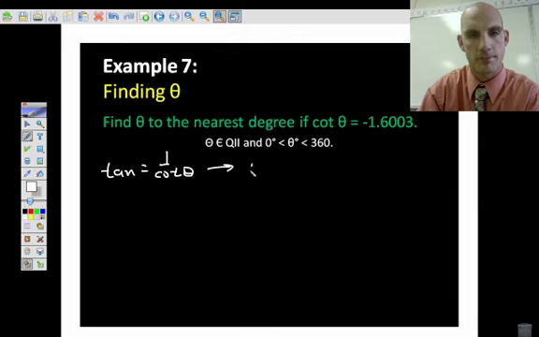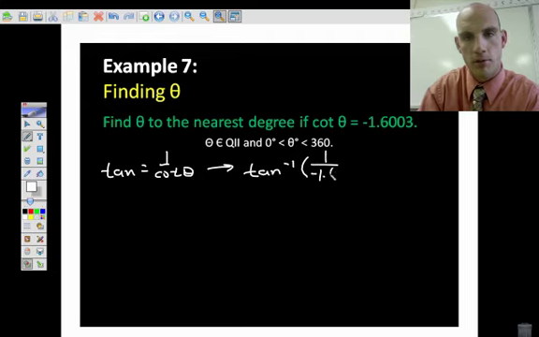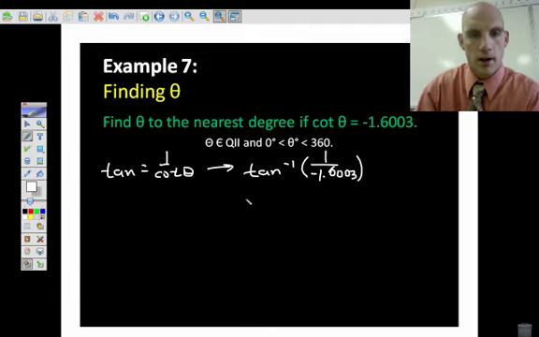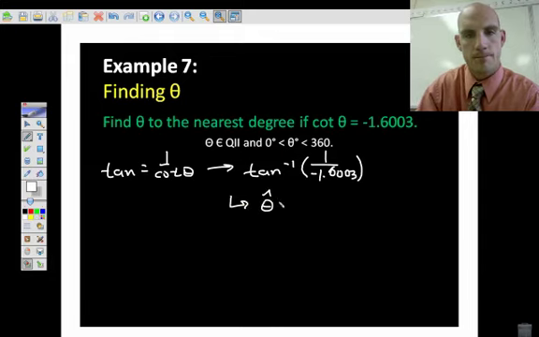So what I'm going to do is take the inverse tangent of 1 divided by negative 1.6003. Okay? And when I do that, I get theta hat is equal to 32 degrees.